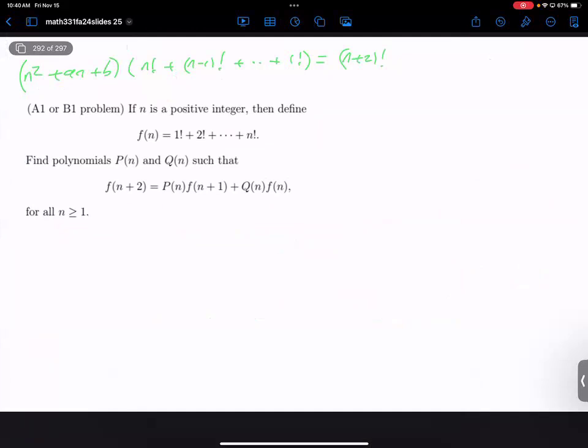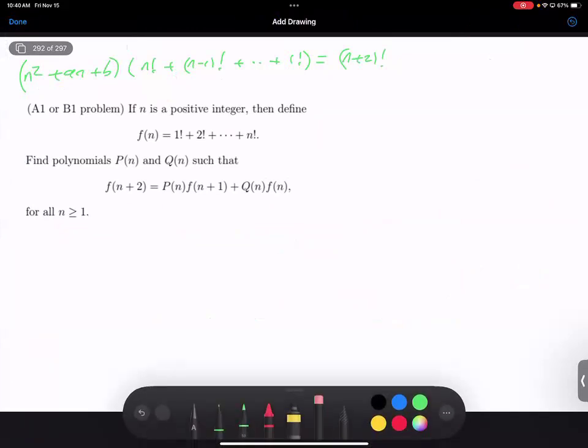Yeah. So we want to solve F_{n+2} equals p_n F_{n+1} plus q_n f of n. What can I replace n with? There's two good things to replace n with. I have this relation that I want to be true for all n.